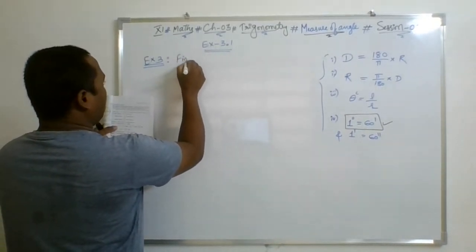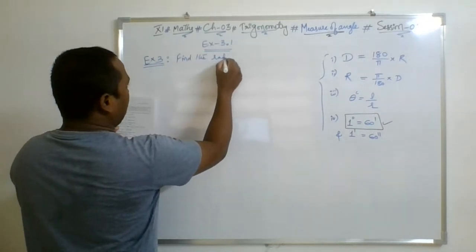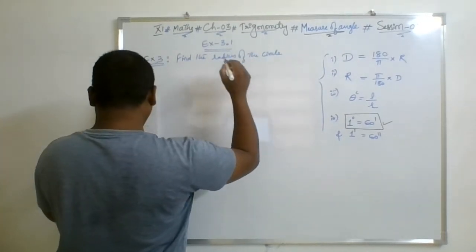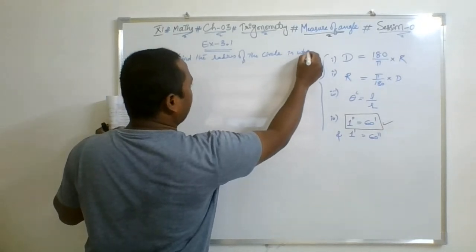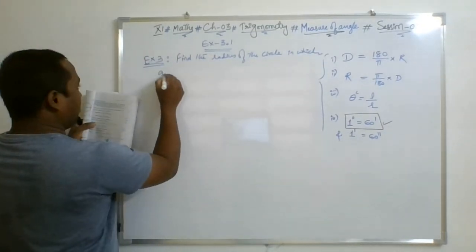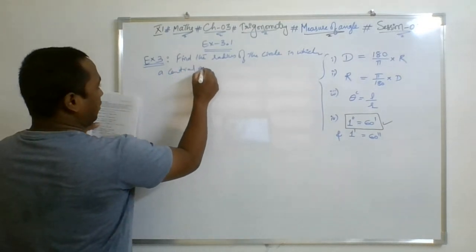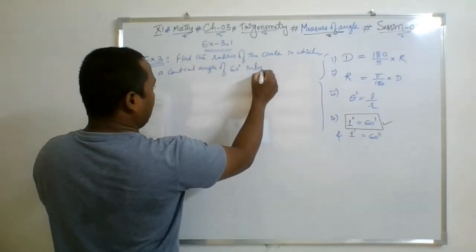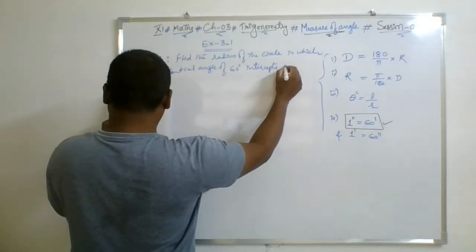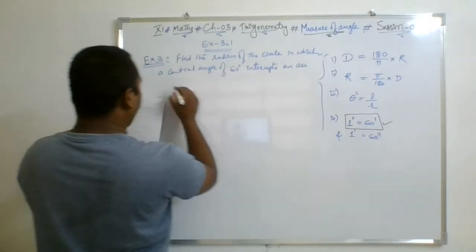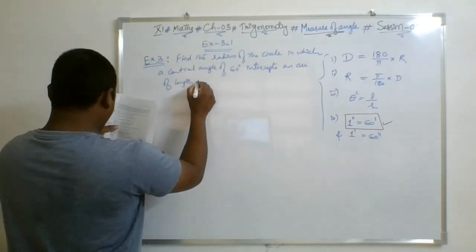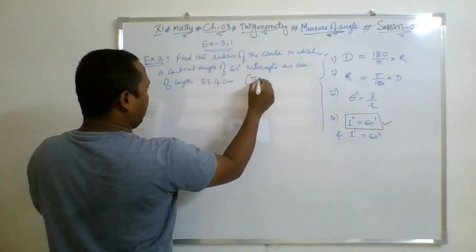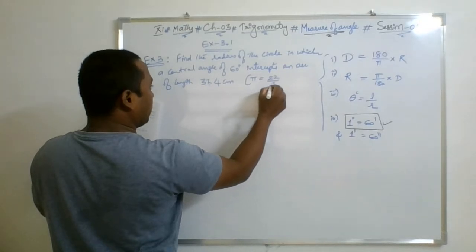Find the radius of the circle in which a central angle of 60 degree intercepts an arc of length 37.4 centimeter, where the value of pi is given as 22 upon 7.